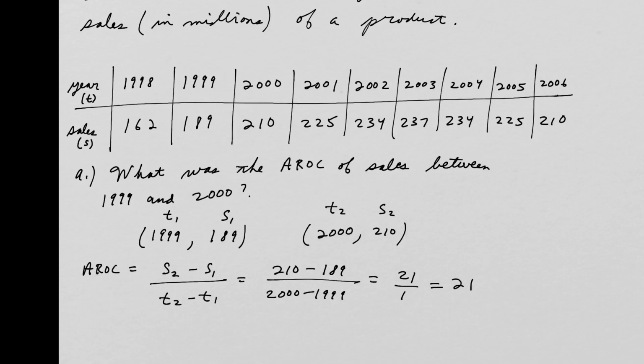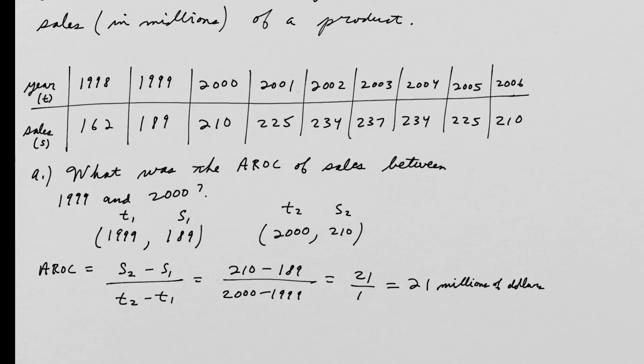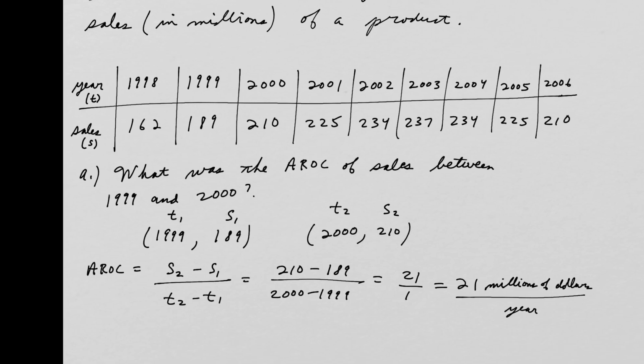And it has units: it's 21 millions of dollars per year. So millions of dollars per 1 year. The average rate of change is always going to have units of the output in the numerator and units of the input in the denominator.